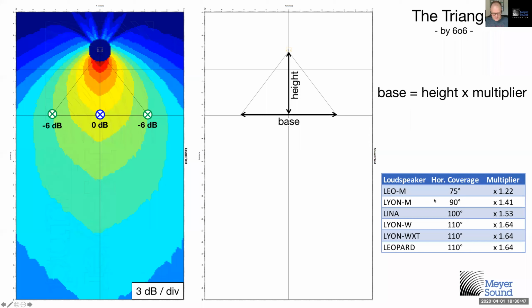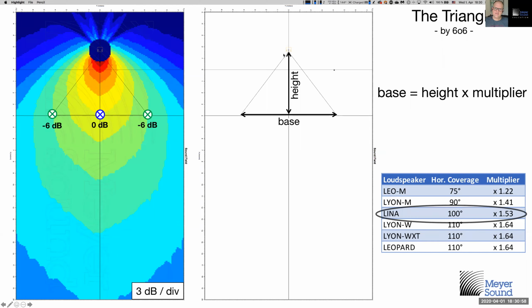So what does it mean? Let's take the LENA example that we're using in today's webinar. For whatever reason, it has a multiplier of 1.5, which tells me that if we live at a distance of 10 meters to the loudspeaker, then the height of my triangle is 10 meters.